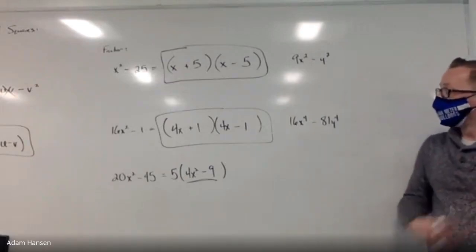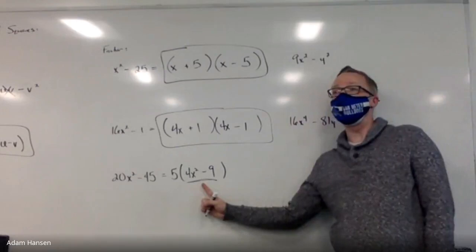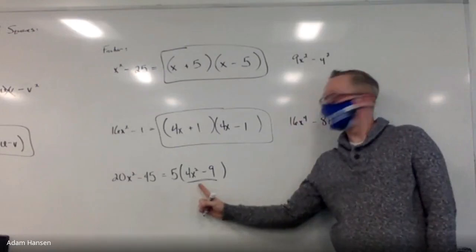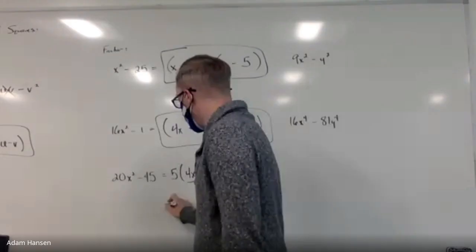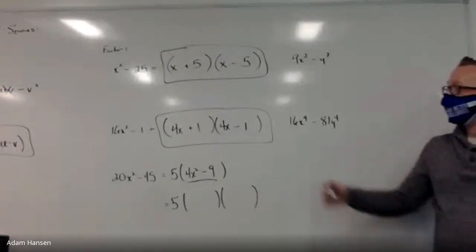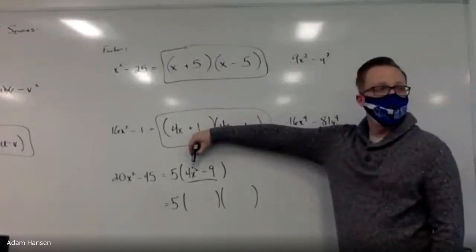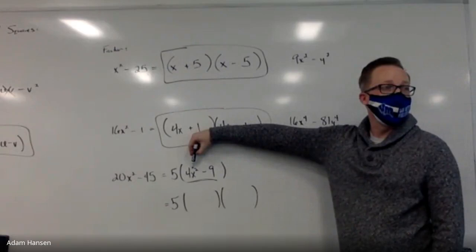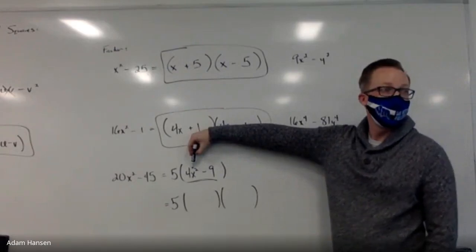You bet. 4x squared minus 9. Is this now a difference of two squares? Break down the 5, the GCF I started with. I'm going to break apart 4x squared minus 9 into its two factors. Help me out here. 4x squared. What times what makes 4x squared? 2x.